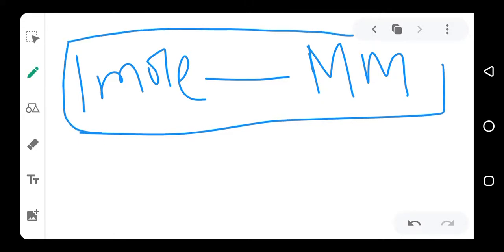So every chemist and every chemistry student must have this definition. 1 mole of any substance is equivalent to the molar mass of the substance.